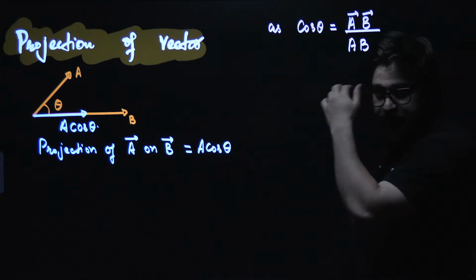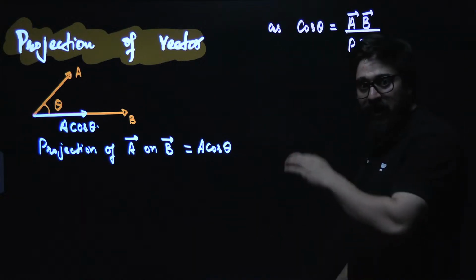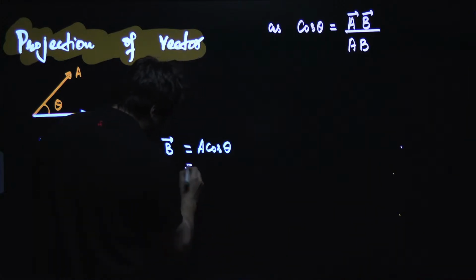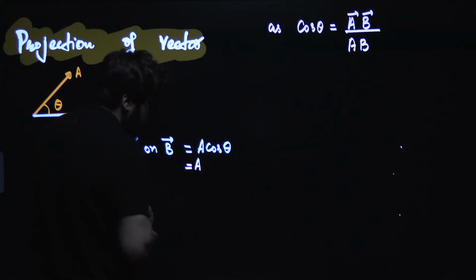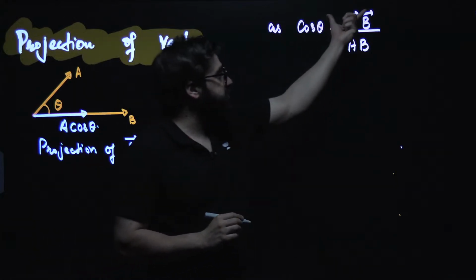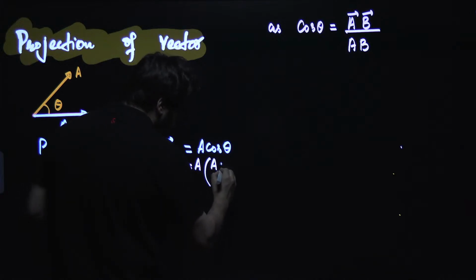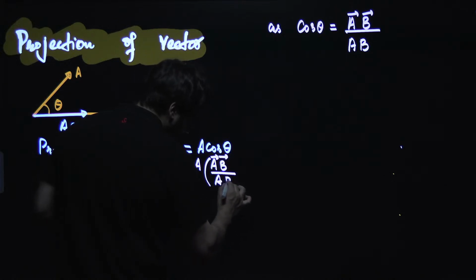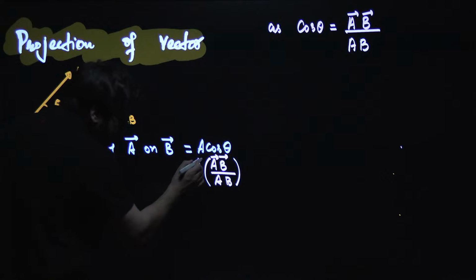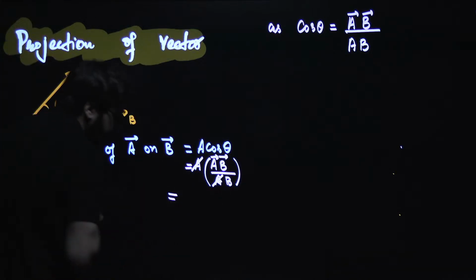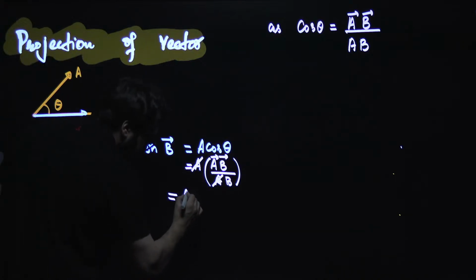Now I can put this over here, so this is A, and the value of cos theta is A vector dot B vector upon A into B. Don't you think we can cancel this? Yes. So here it remains A vector dot B vector divided by B.